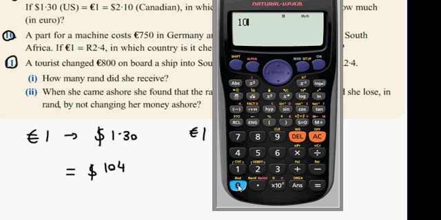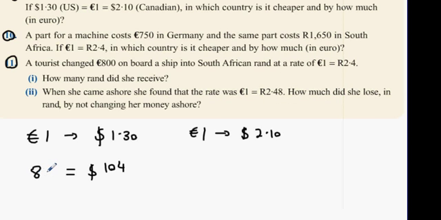If you multiply 104 by 1.3, you're going to get a number that's bigger than $104. You were expecting a number that's smaller, so you have to go back and divide by 1.3, and what you get is €80. So this costs €80, changes into $104 US.